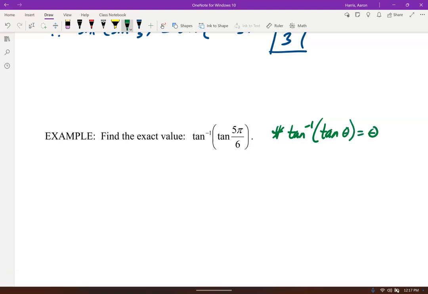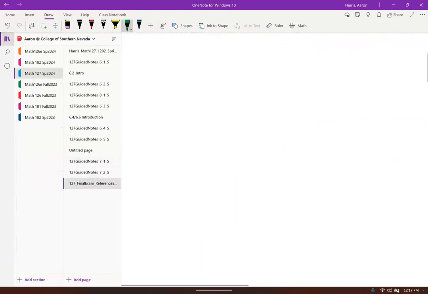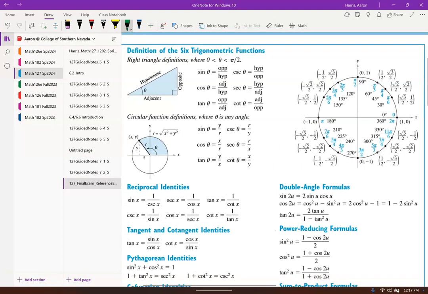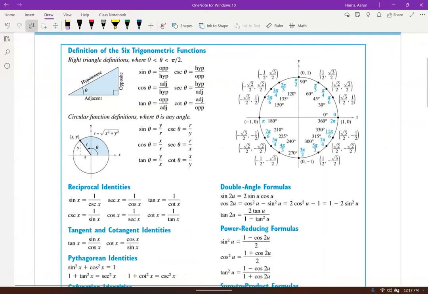This is theta, as long as theta is between negative pi halves and pi halves. Well, 5 pi 6 is not. You look over here and see 5 pi 6, and that's not between negative pi halves and pi halves.